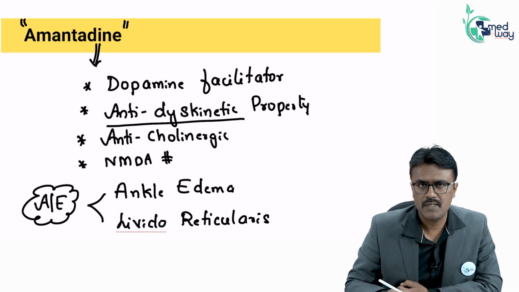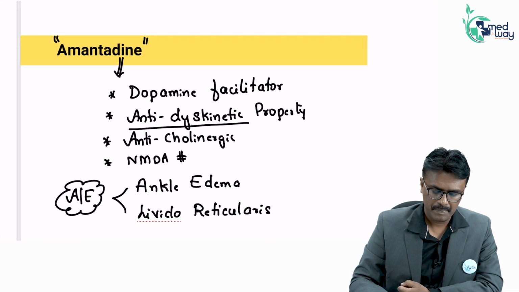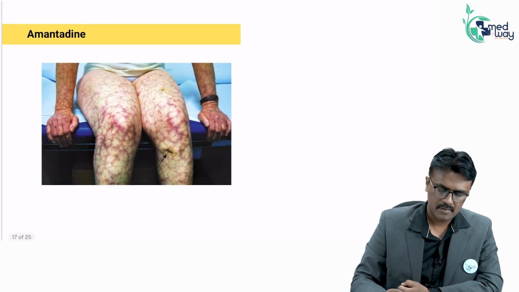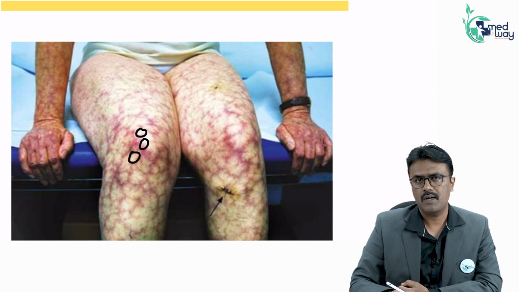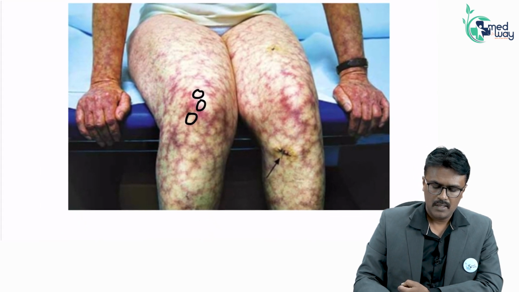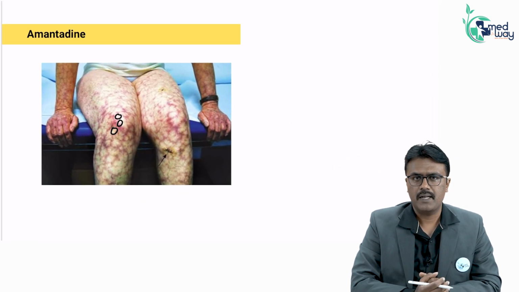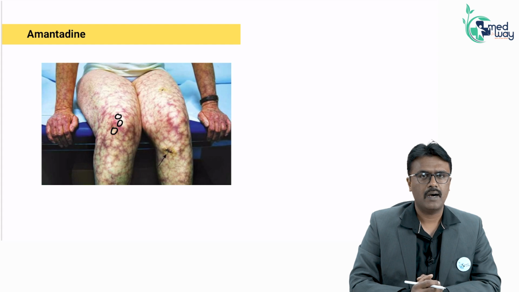I will show you that image in the next slide. So the name is amantadine. You can see this network of blood vessels. This is what we mean by livedo reticularis, and the drug is called amantadine. Right, so that is about drugs for Parkinson's disease, a very small topic but high yielding.